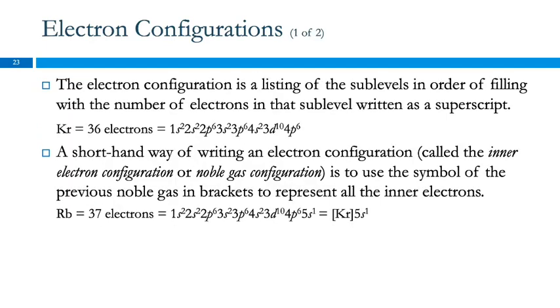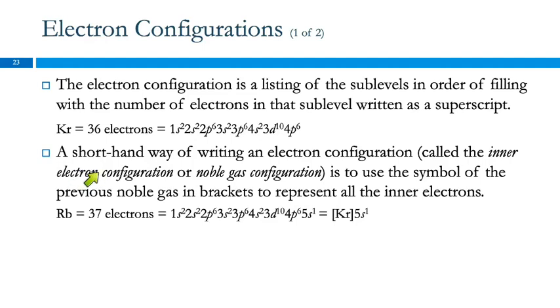So if we look at krypton, it has 36 electrons, and we could write out its electron configuration. There's a whole bunch of letters and numbers, and you can see that when you get to the larger elements, this gets to be a really long string of things, right? And all of the ones at the beginning are the same. So why do we have to write them over and over again? Well, we don't always.